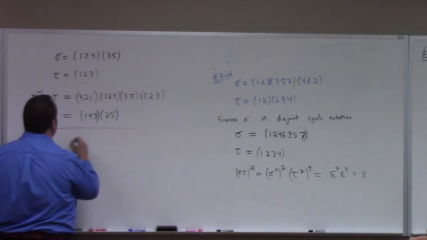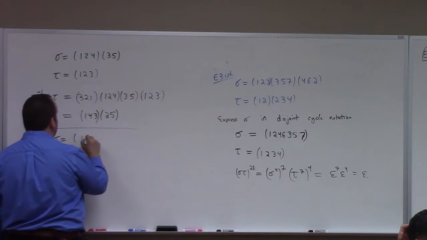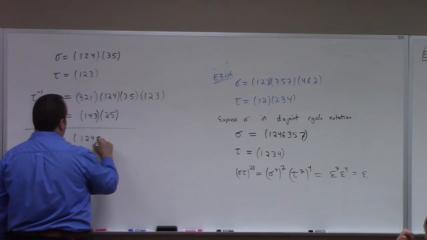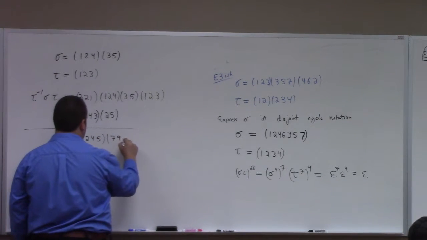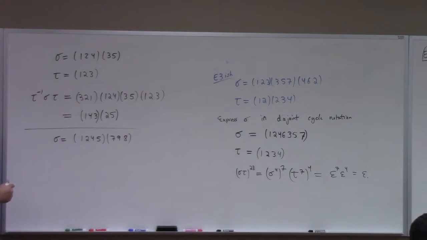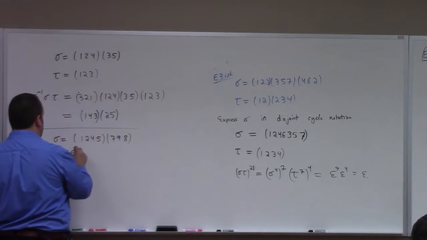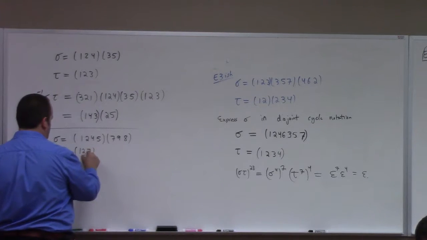Let's try this for sigma equal to (1 2 4 5)(7 9 8), and we'll conjugate by tau equal to (1 2 7).